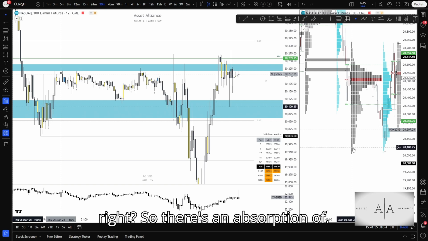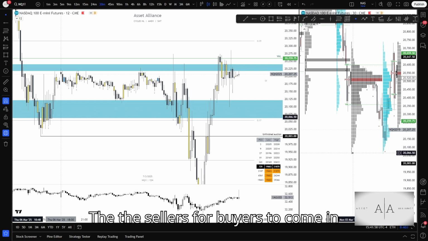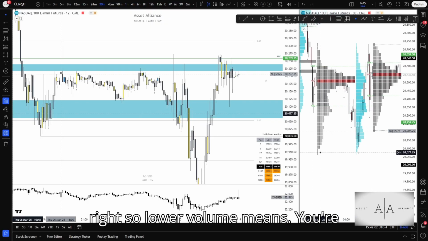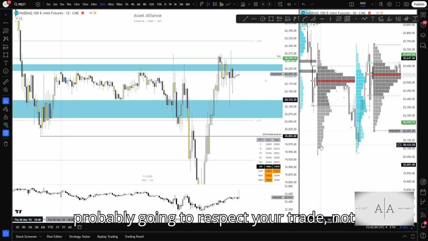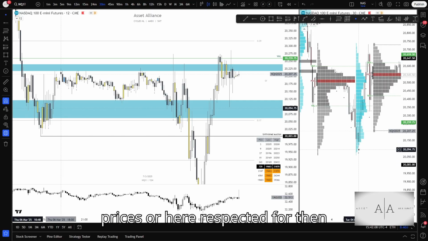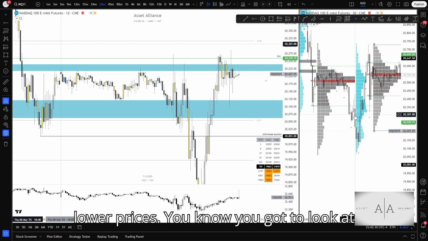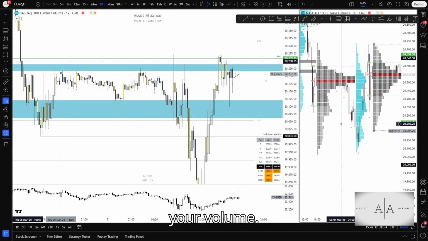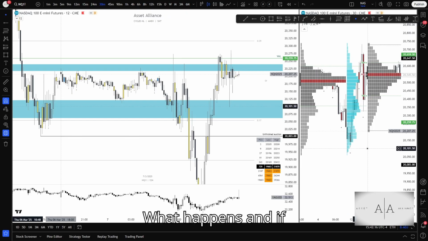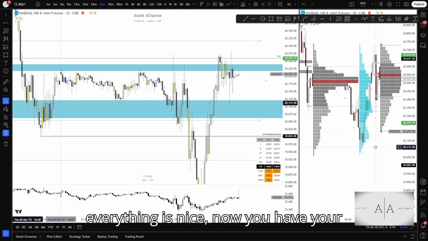So there's an absorption of the sellers for buyers to come in, right? So lower volume means you're probably going to respect your PD array for then higher prices. Or here, respect it for then lower prices. You know, you got to look at your volume, what happens, and if everything is nice.